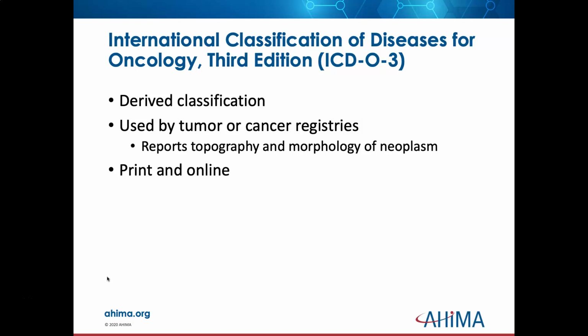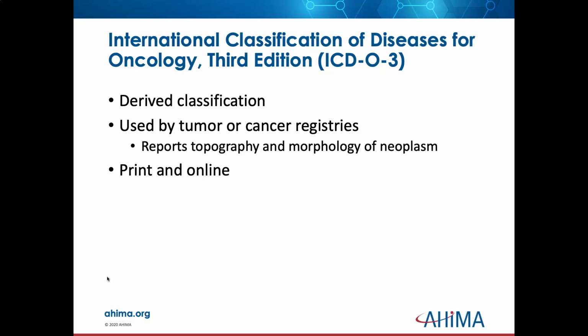So again, you probably don't need to know that it's a dual classification system, but you do need to know that it is for topography and morphology of tumors, that it's used in cancer registries, and that sort of thing. You need to know those.